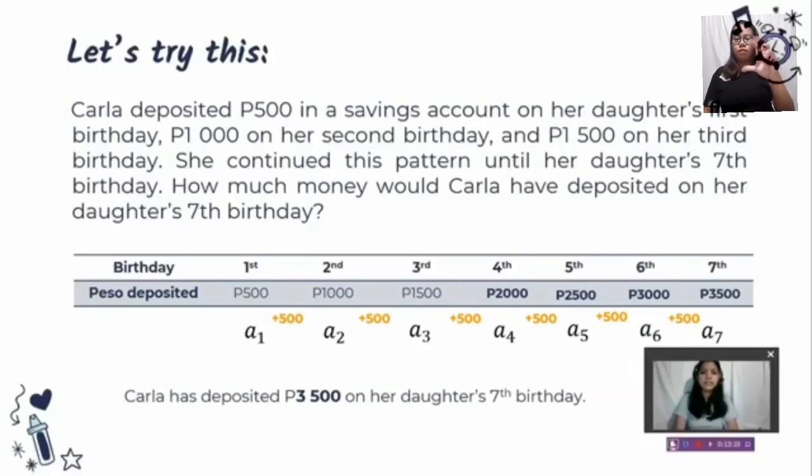Carla has deposited 3,500 on her daughter's 7th birthday. So, kapag ang hinihingi lang naman next few terms ng sequence, kailangan niya lang malaman kung ano yung ina-add na difference or common difference sa first few terms ng sequence.